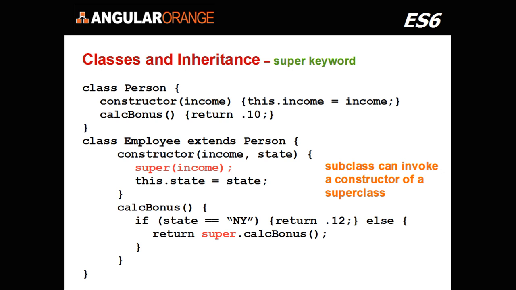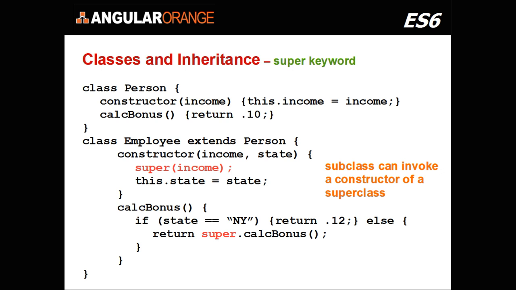Okay, there's a super keyword. Suppose I have a class, and there's a constructor income, which defines the income attribute of person, and I have calculateBonus, which returns 0.10. I could define an employee class which extends person, and my constructor, which has the income and the state parameters, can call a super function income.